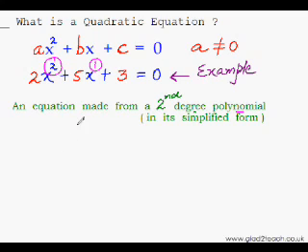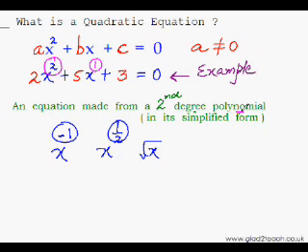But if there is any variable in this entire expression which has a negative power, like let's say x raised to power minus 1 or minus 2, any negative power, or it has a fractional power like x raised to power 1 by 2, which is another way of writing root x, then it will not be a polynomial, and as a result it will not be a quadratic equation. I hope it is very clear.